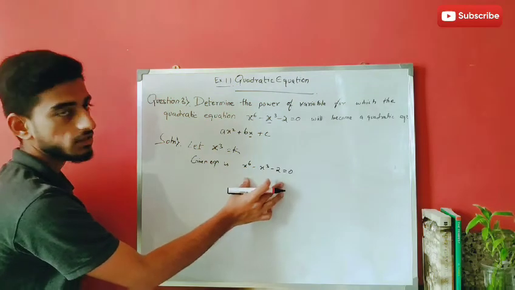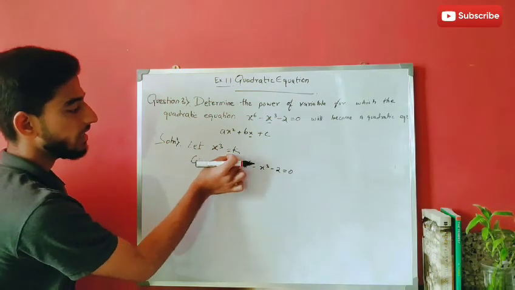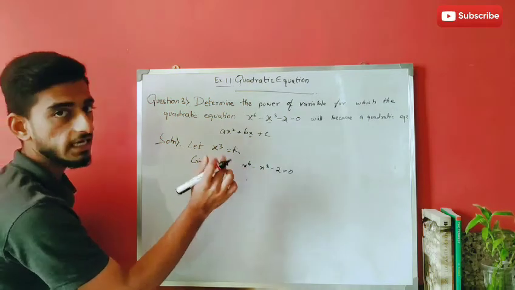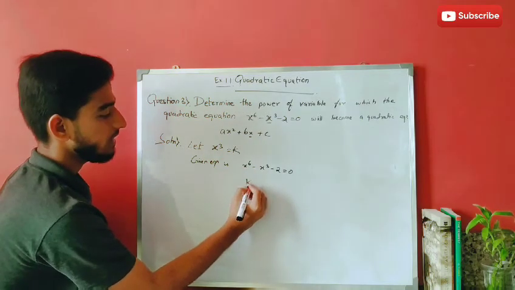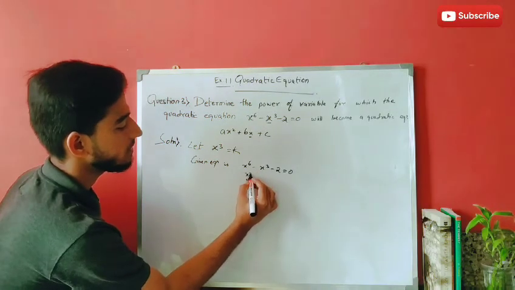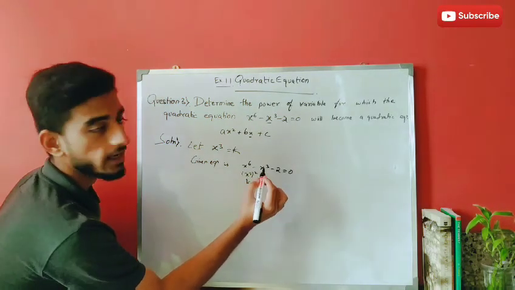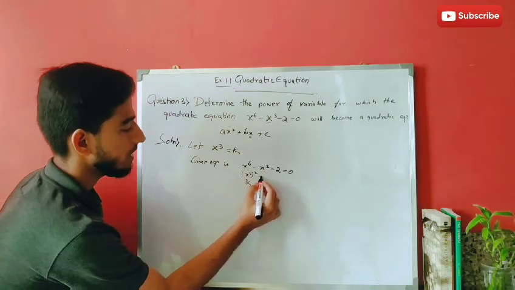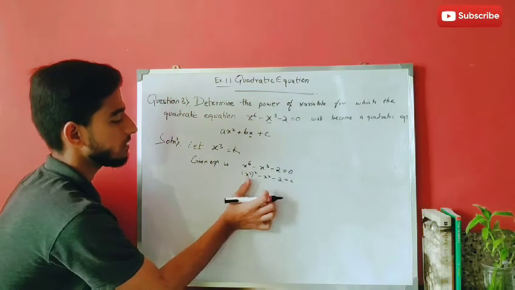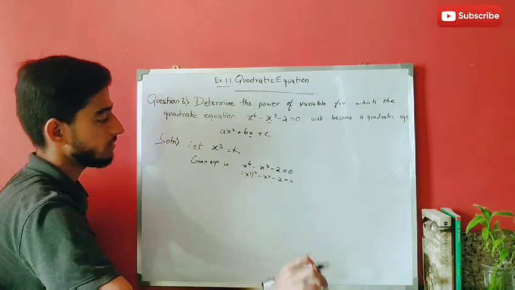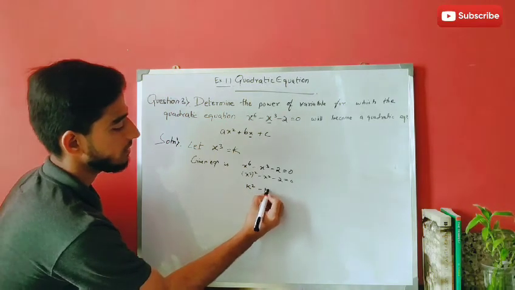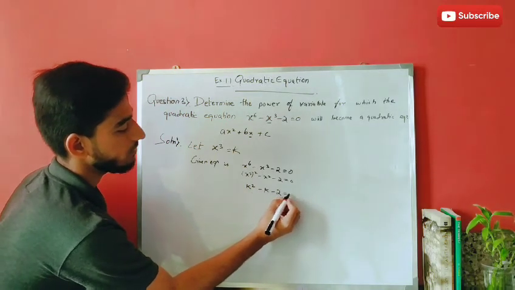So in place of x cube we are taking k. I can write this as (x cube) whole square minus x cube minus 2 is equal to 0. So this one I can write as k square minus k minus 2 is equal to 0.